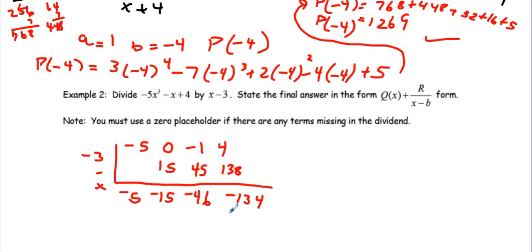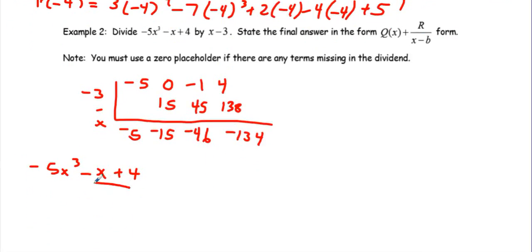Okay, so I'm getting a remainder of negative 134. I've got a constant term of negative 46, an x term with a coefficient of negative 15, and our x squared term has a coefficient of negative 5. So if I'm doing the quotient form, I'm going to write the original question without the placeholder, show the division.